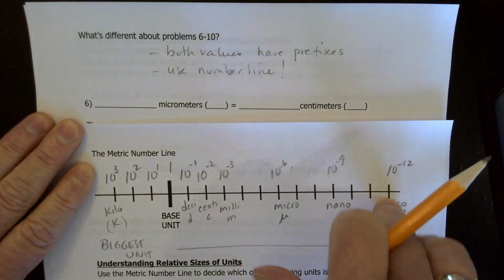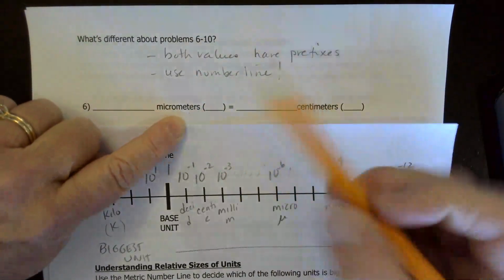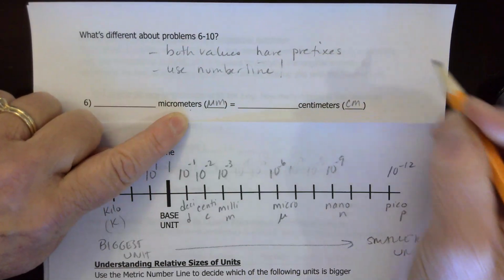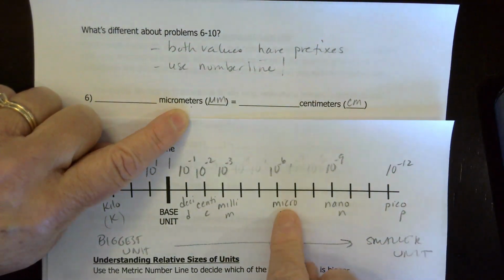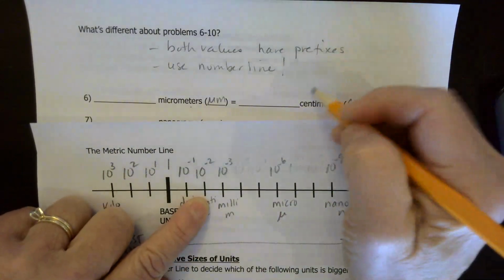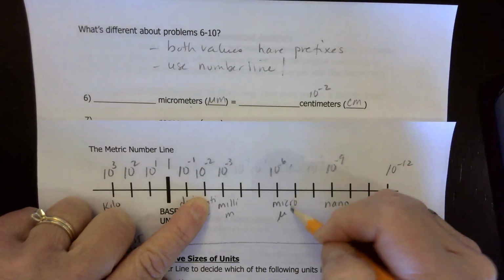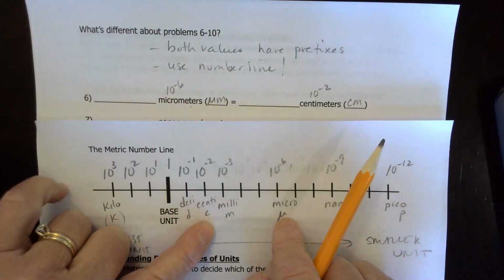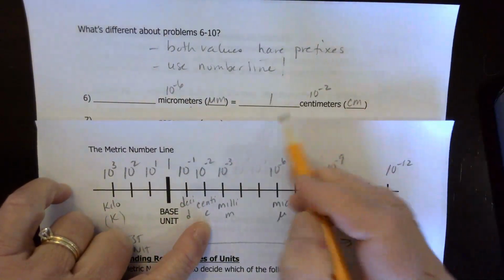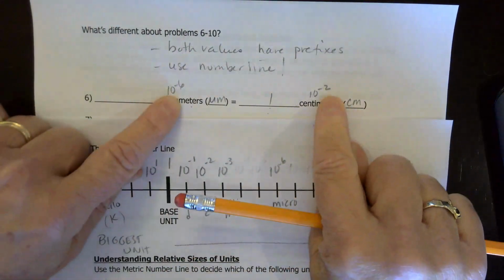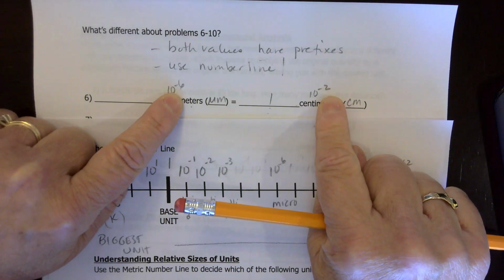We have to decide what's bigger, the micrometer, which is UM, versus centimeters, CM, right? So here's a micrometer, here's our centimeter. The centimeter is listed as 10 to the minus 2. The micrometer is 10 to the minus 6. Which one is bigger? Well, the centimeter is bigger, so I'm going to say in 1 centimeter, how many micrometers there are. And to answer that question, we're going to compare these two exponents.